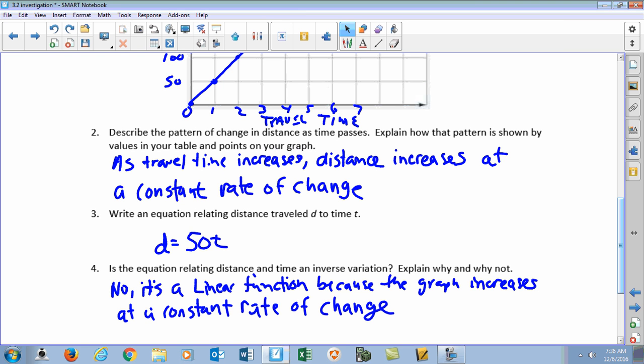Because this is a straight line and increases at a constant rate of change, it's not an inverse, it's linear.